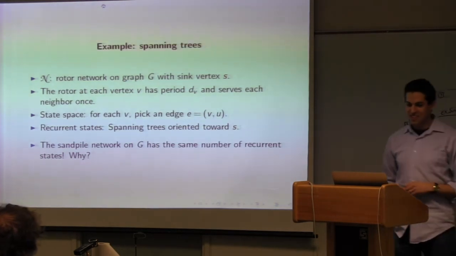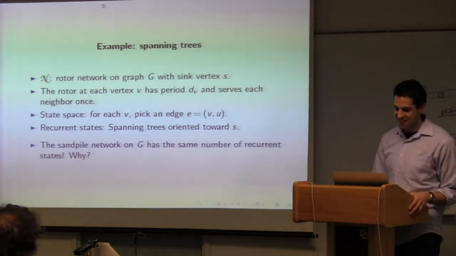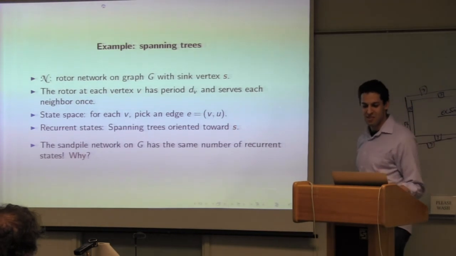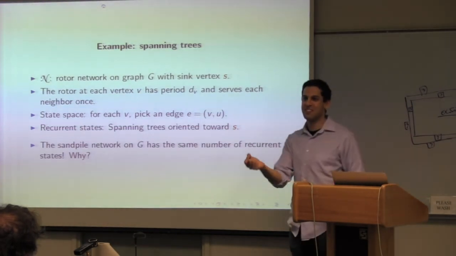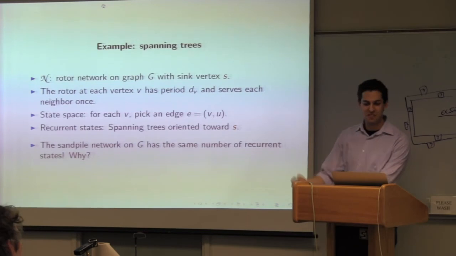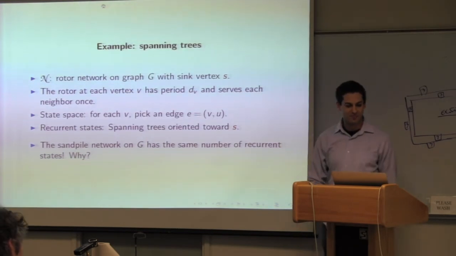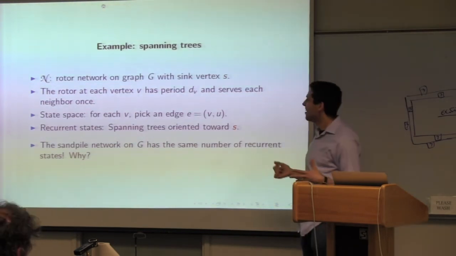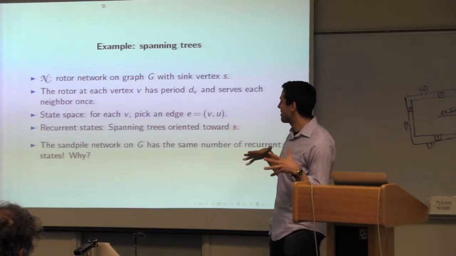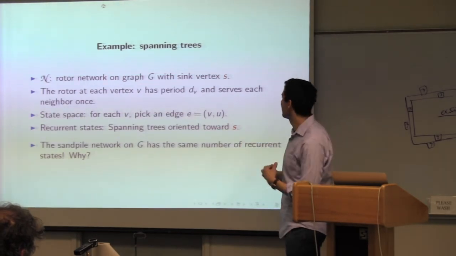It turns out that if you do a rotor network on a graph G with some vertex fixed as your sink that just absorbs chips, the recurrent states are precisely the spanning trees of G that are oriented toward the sink.